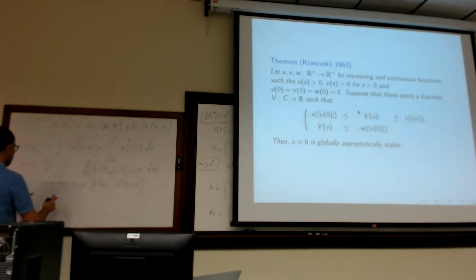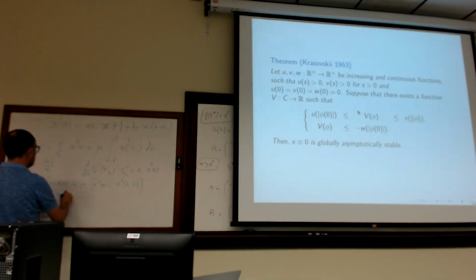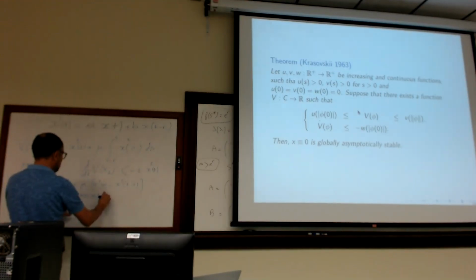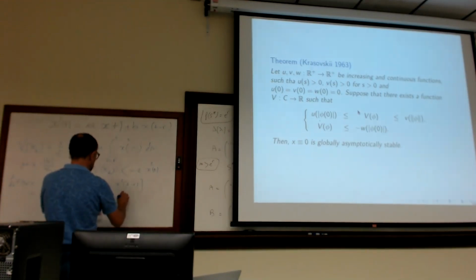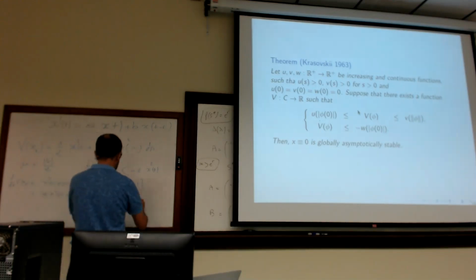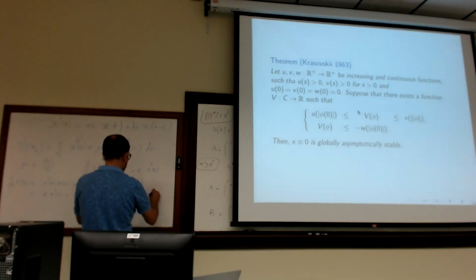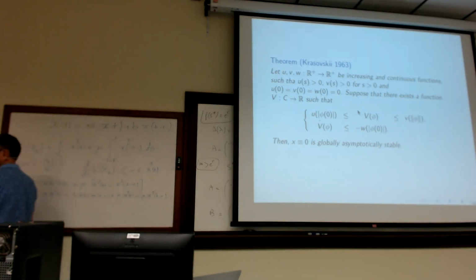Okay, you calculate the derivative, then you have a x square plus b x x(t minus r) plus mu and minus mu. It's not difficult to calculate, but the problem is to find the Lyapunov function, the form of it. After that, if you are lucky, it's okay. If not, it's difficult.